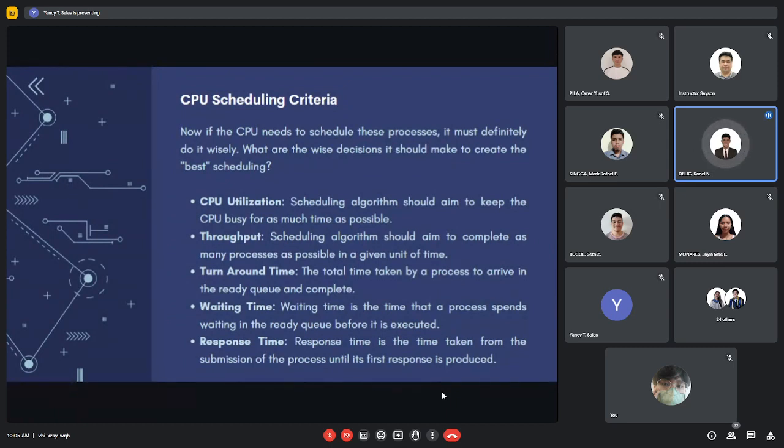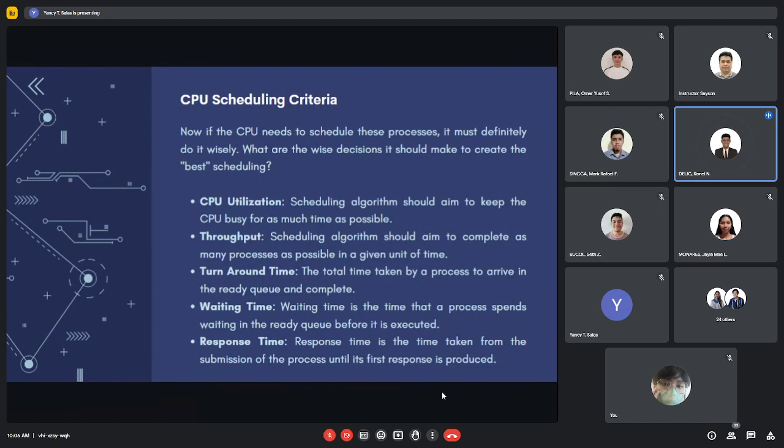So that is the CPU utilization, where the CPU is being used as much as possible because some processes must be executed at all times, but not really 100% of our CPU, because then we could not process the other things we need.